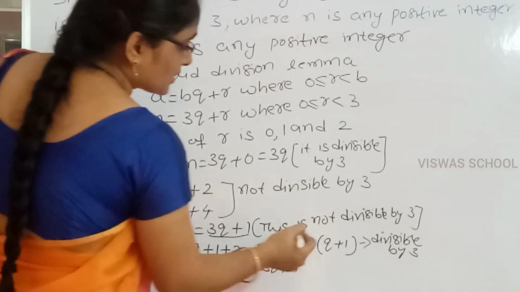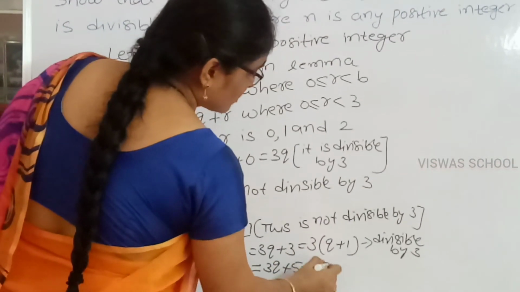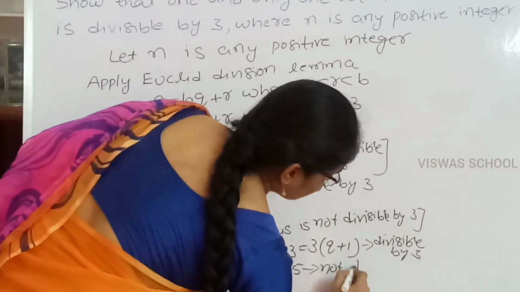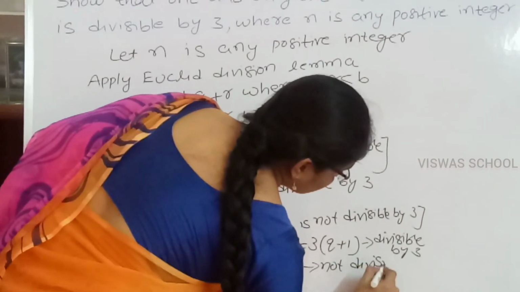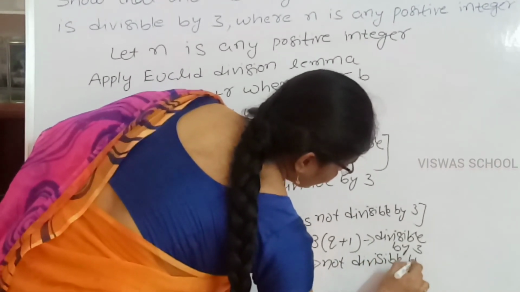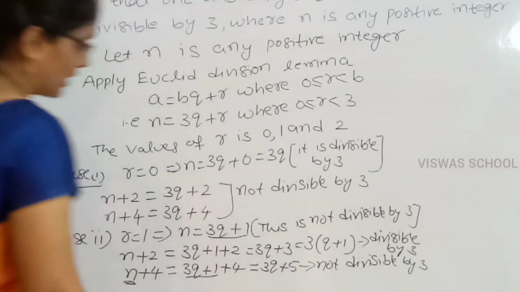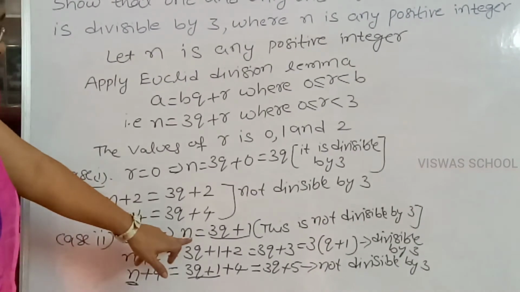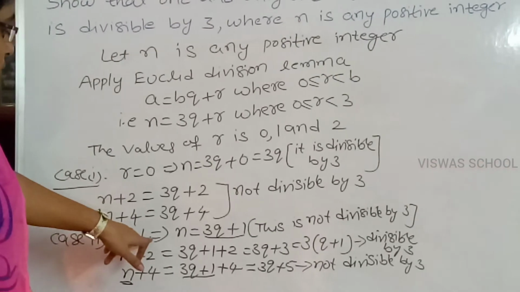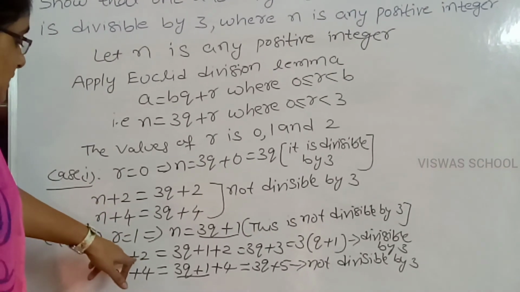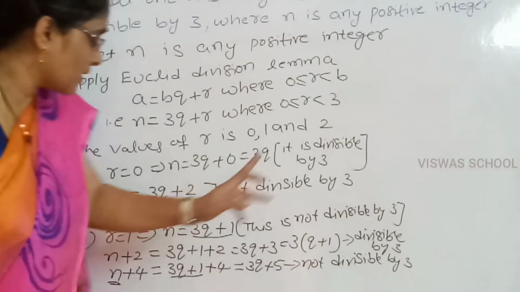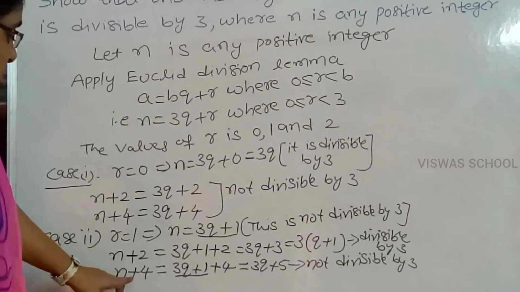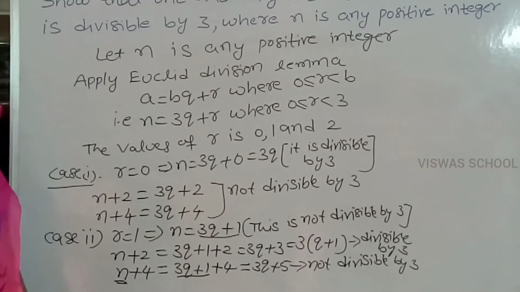That is also not divisible by 3. That is, in case 2, where r equals 1, only n plus 2 is divisible by 3. Here n and n plus 4 are not divisible by 3.